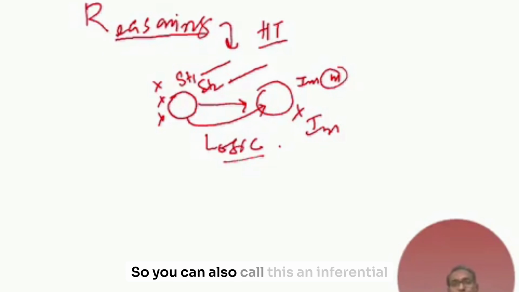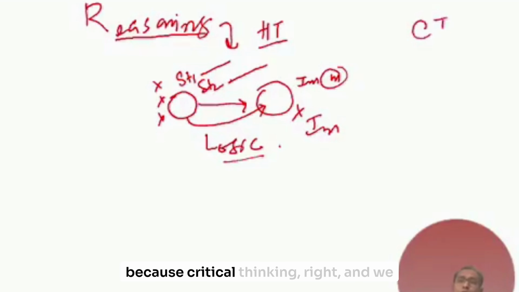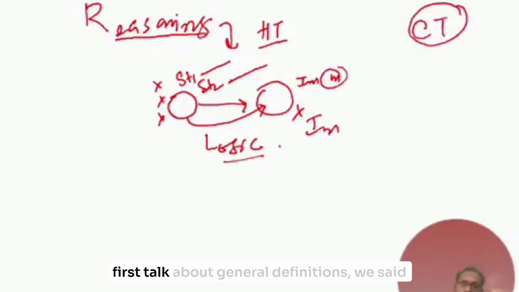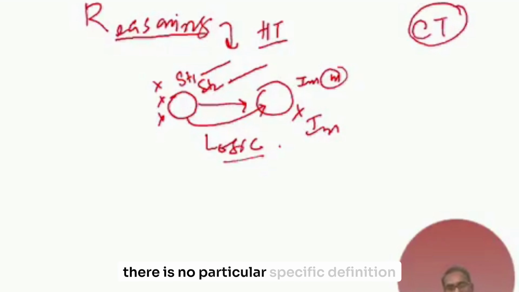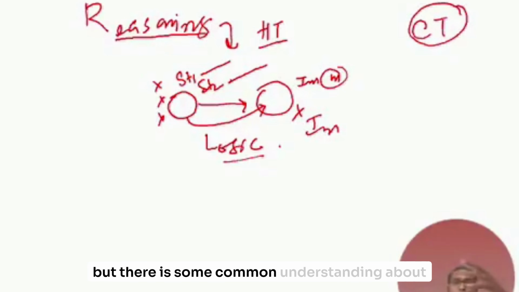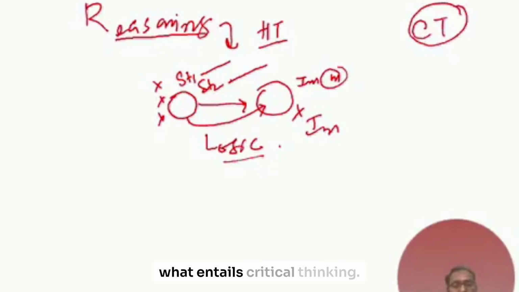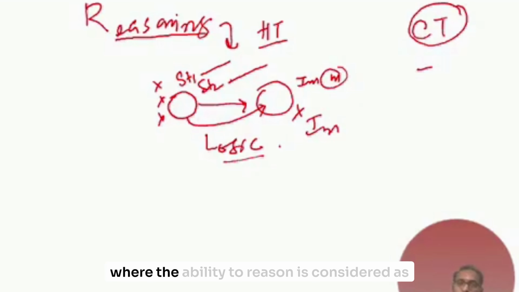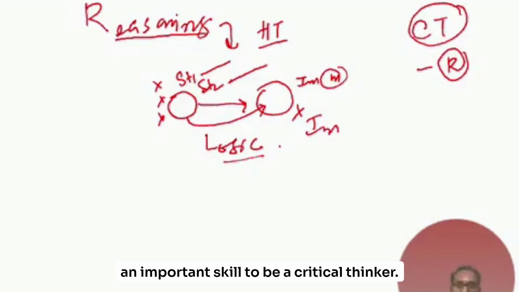Now, it is also important for this class because of critical thinking, right? When we first talked about general definitions, we said there is no particular specific definition, but there is some common understanding about what entails critical thinking. That definition, interestingly, has this construct in it, where the ability to reason is considered an important skill to be a critical thinker.